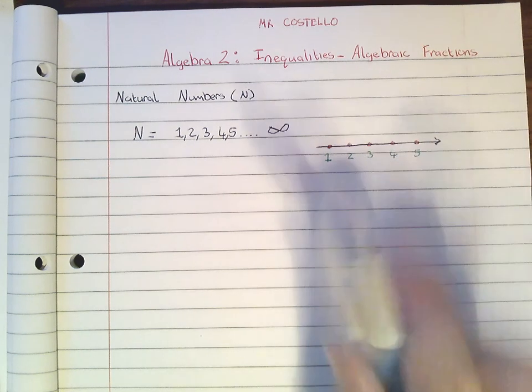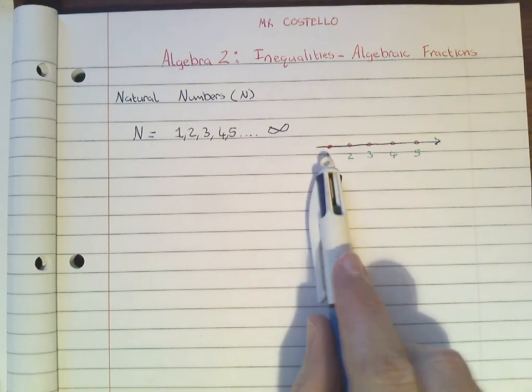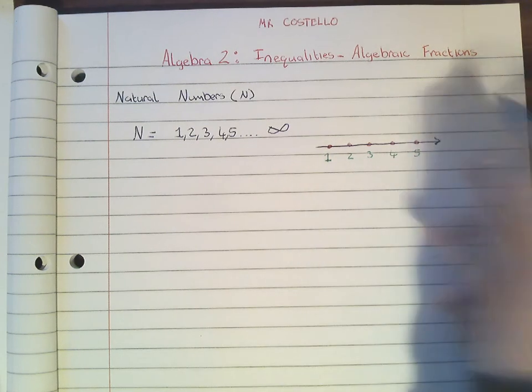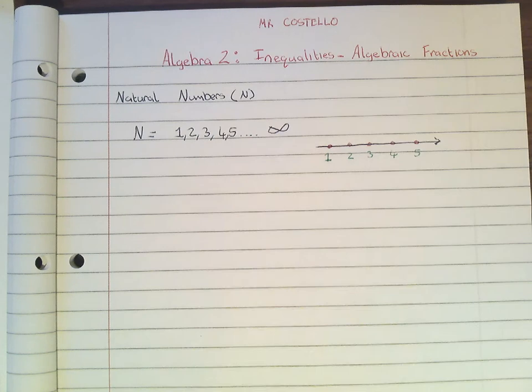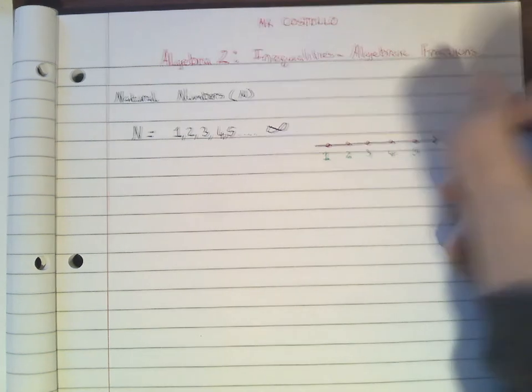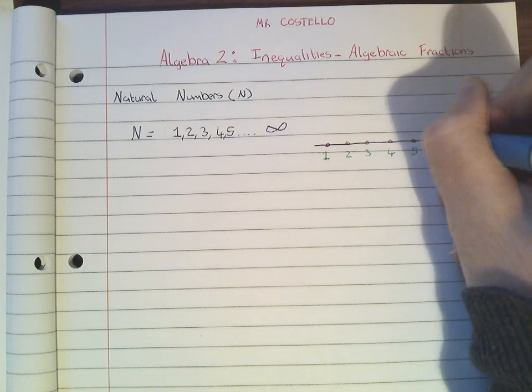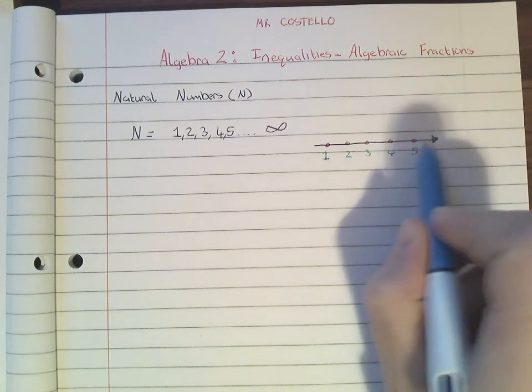It continues in this direction, going from left to right, hence the arrow here. This arrow indicates that it goes on indefinitely in this direction.